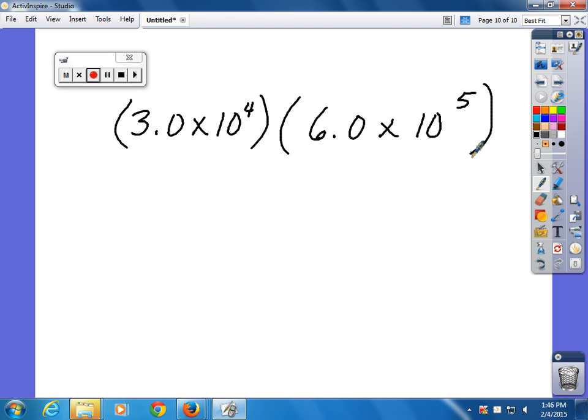Do not do like some, we had some brain children. You know what they did? Changed it to zeros. Changed it to 33,000 times 60,000 or whatever, and then they commenced to doing long multiplication.